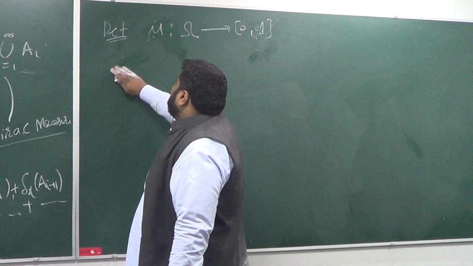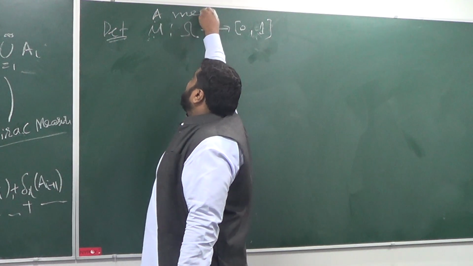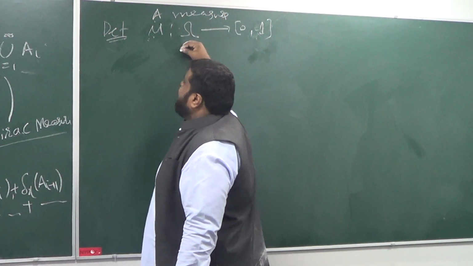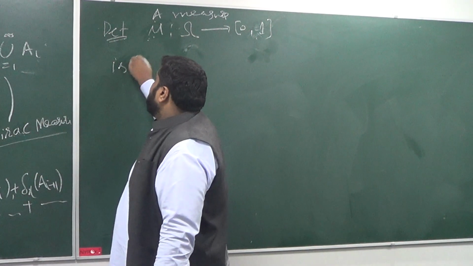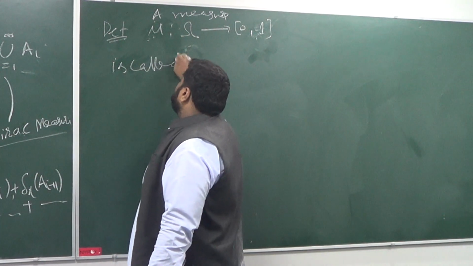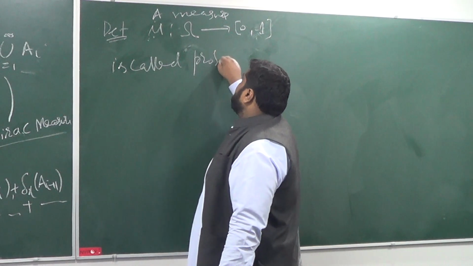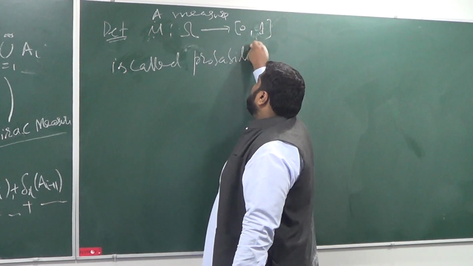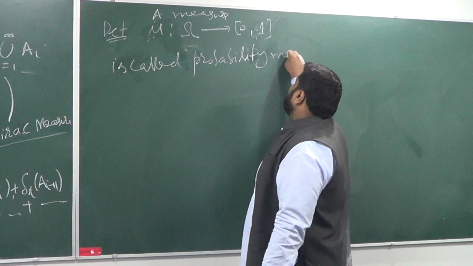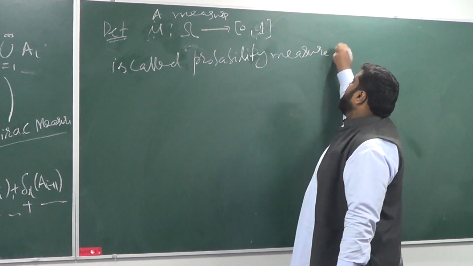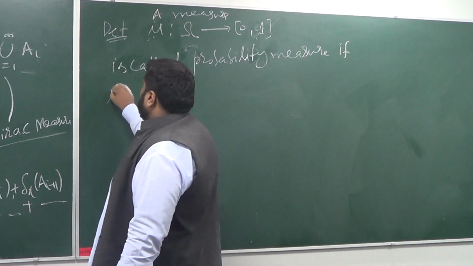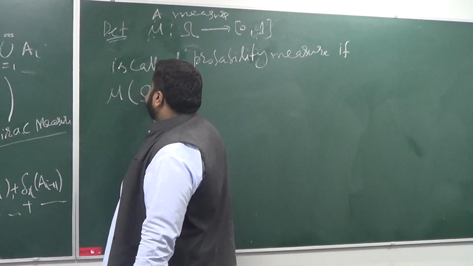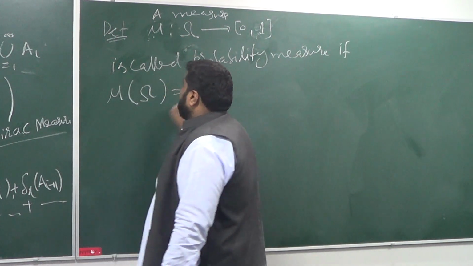So in other words, a measure that has these properties is called a probability measure if the measure of the full set is 1.